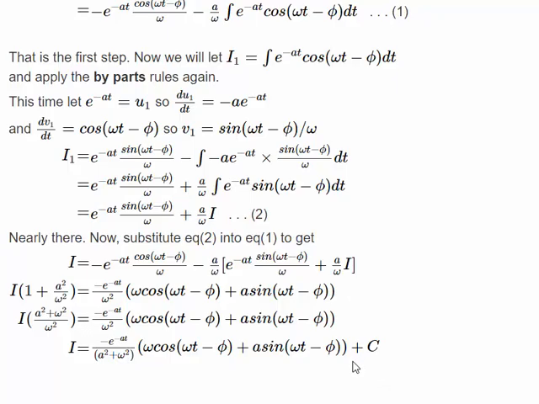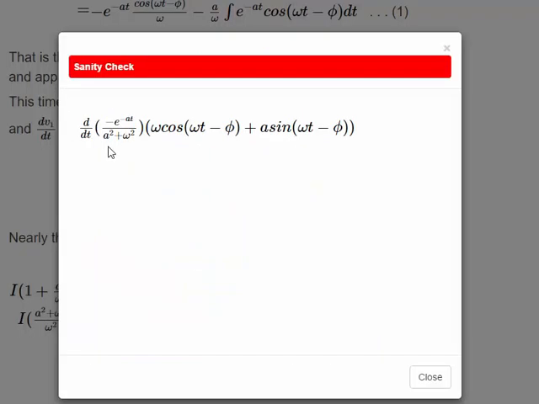Is it right? Well, this is time for a sanity check. This is clearly a product. To differentiate the first term, we're going to get minus e to the minus at times minus a. So that gives us a e to the minus at over a squared plus omega squared times the bracket.